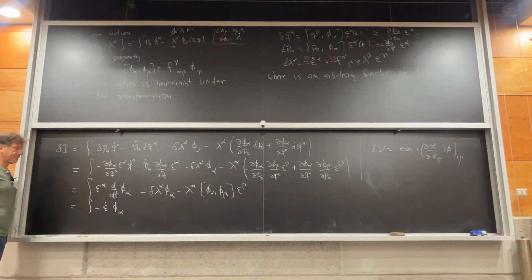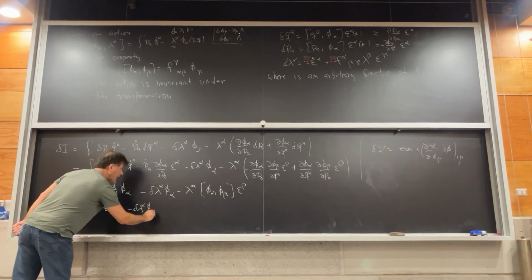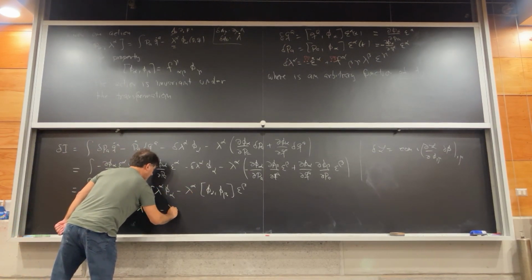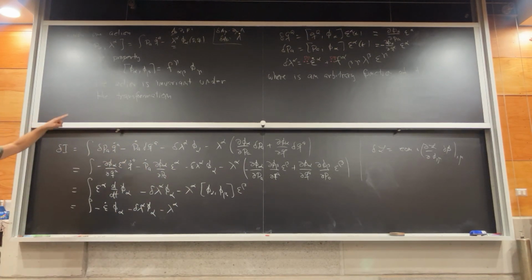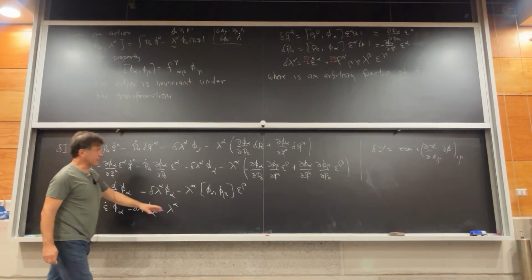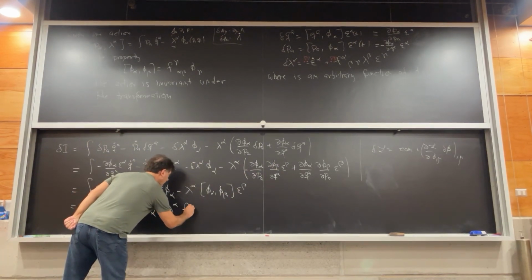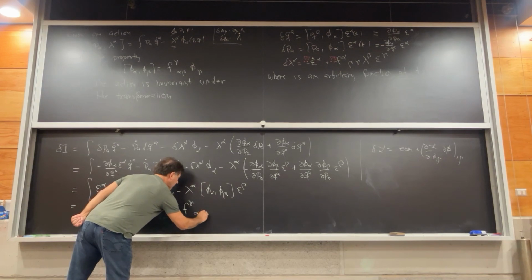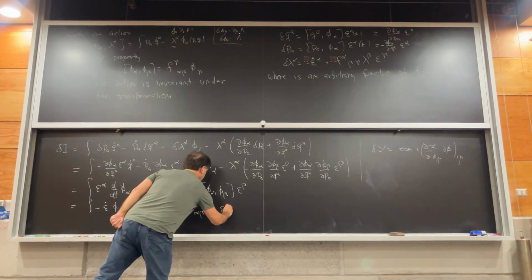This term, I now have delta alpha phi alpha. And here I use the condition that the constraints form a closed algebra, because this just picks up exactly the Poisson bracket. So then I have gamma alpha beta phi gamma and epsilon beta.